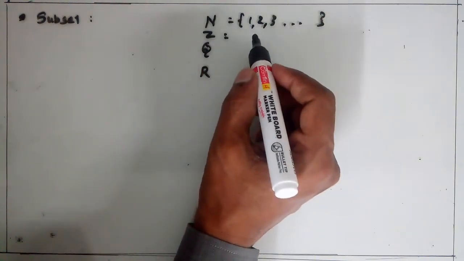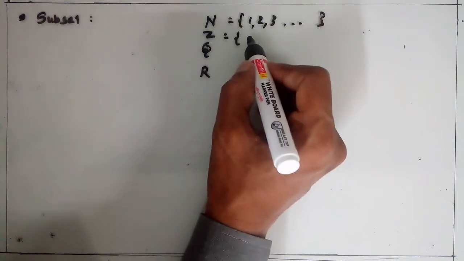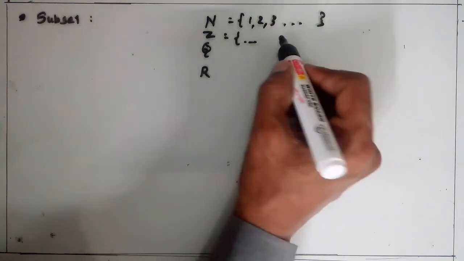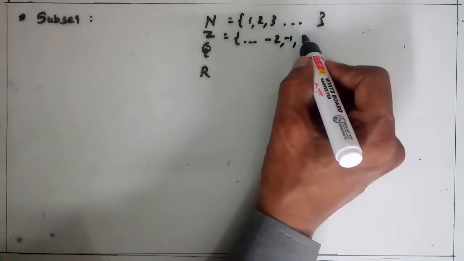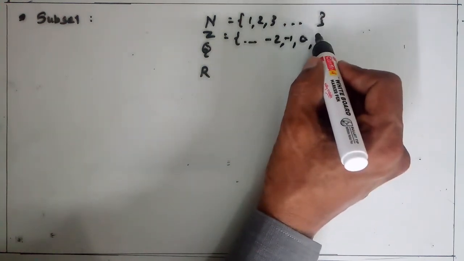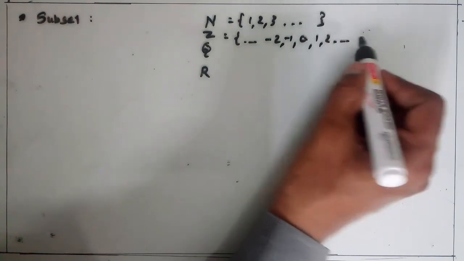Z is a set of all integers, you know: negative integers, -2, -1, 0, then positive integers, 1, 2 up to infinity.